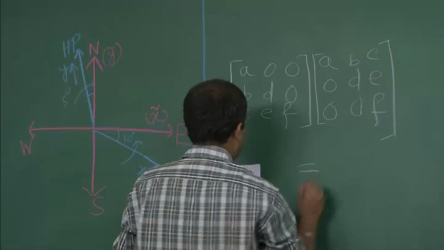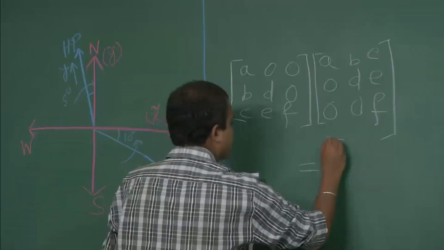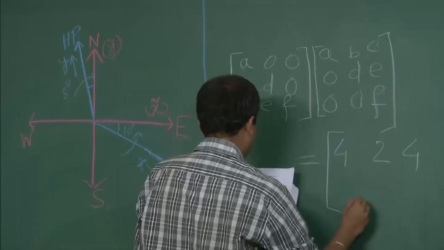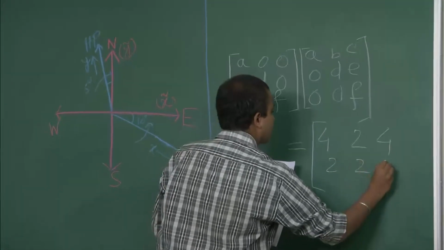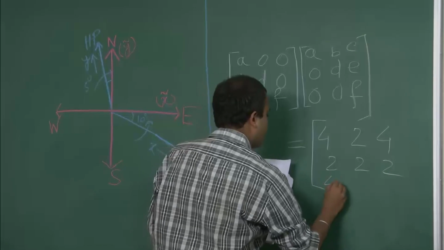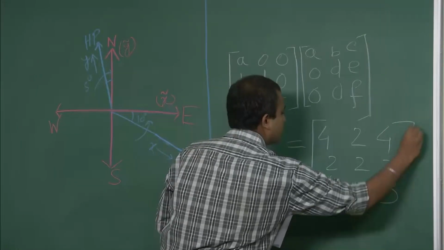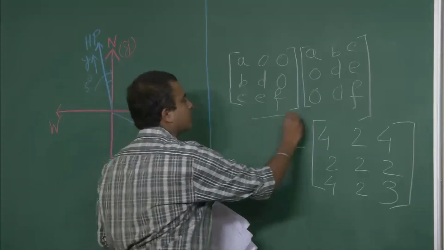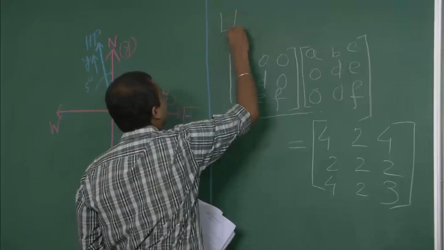This matrix equals this. So, we need to find this type of decomposition, which is mostly known as LL transpose.